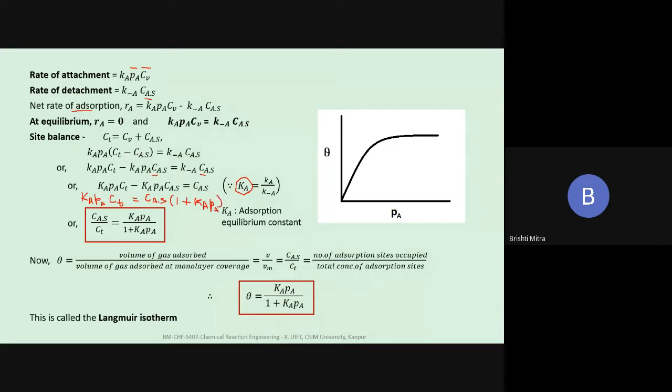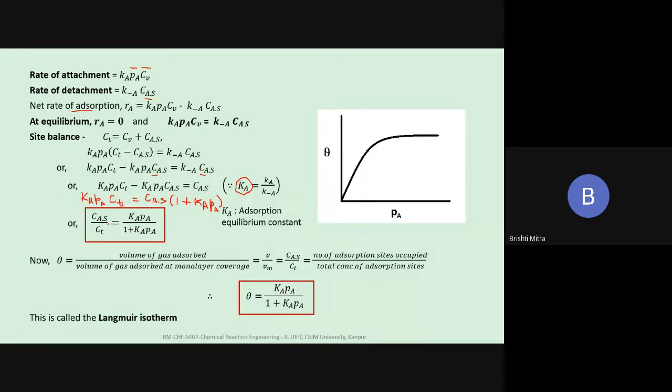And if I now try to write out the concentration of the occupied sites, that means Ca dot S divided by the total concentration of the sites, this is equal to KaPa divided by 1 plus KaPa.